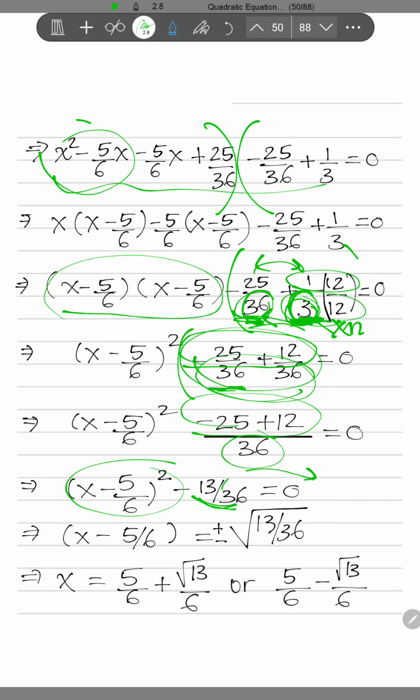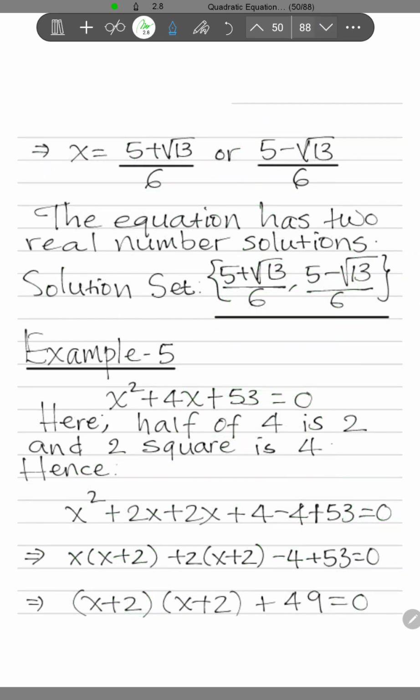Move this one to the other side of the equality sign. x minus 5 over 6 is plus or minus square root of 13 over 36. x is equal to 5 over 6 plus or minus. The square root of 36 is just 6. That's why it's here. So these are the two solution sets of this quadratic equation.